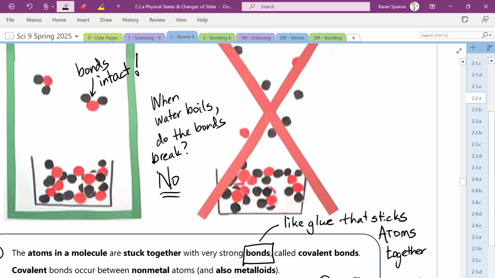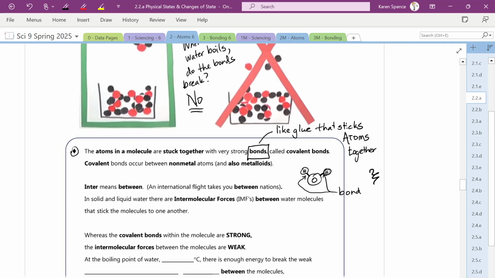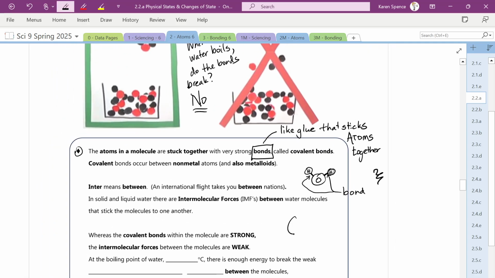But there's another type of force that is being broken. If you have one water molecule next to another water molecule, there are actually little forces.